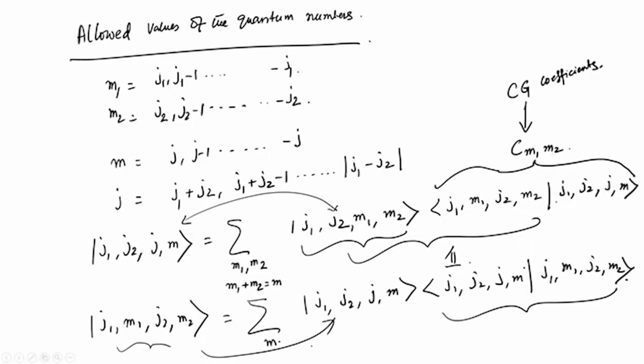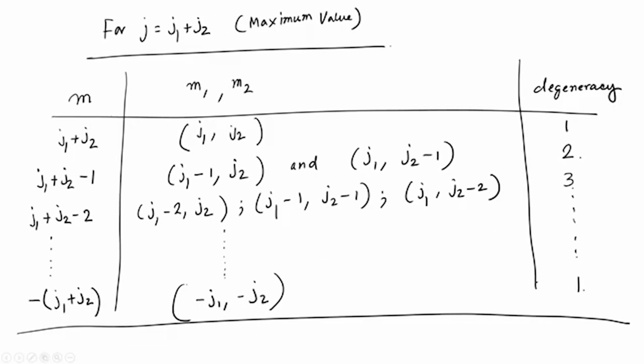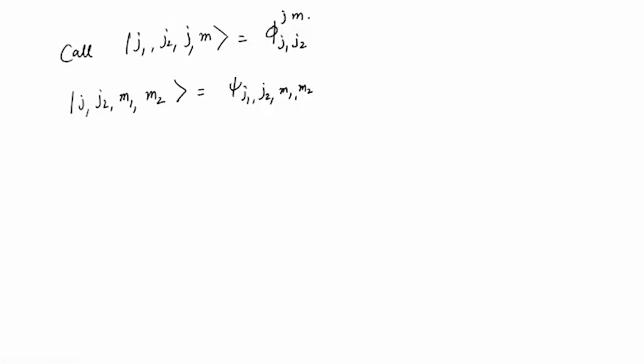Now you have m1 and m2, so you sum over m1 and m2. In any case, you can call either of them phi or psi, because there is a description that is going to matter.